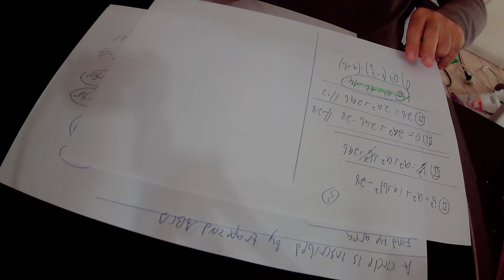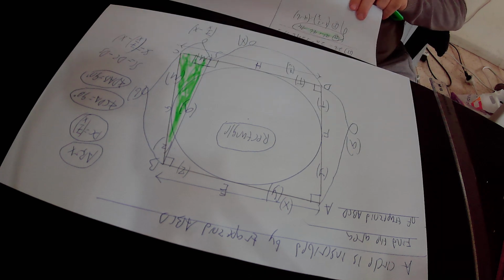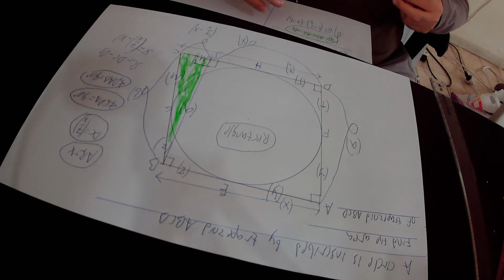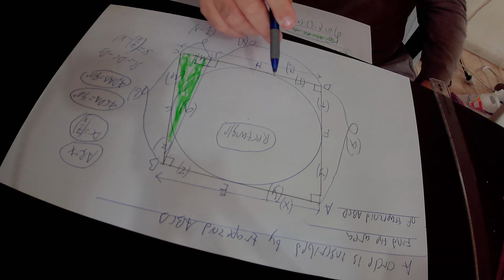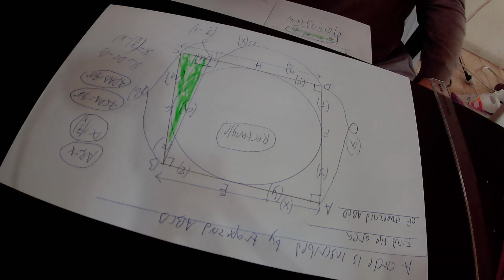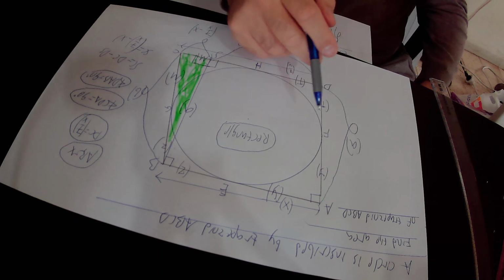We know that, according to what I already explained in the beginning of the lecture, the area of the trapezoid equals the sum of its two bases times the height over 2. And the two bases must be parallel to each other.